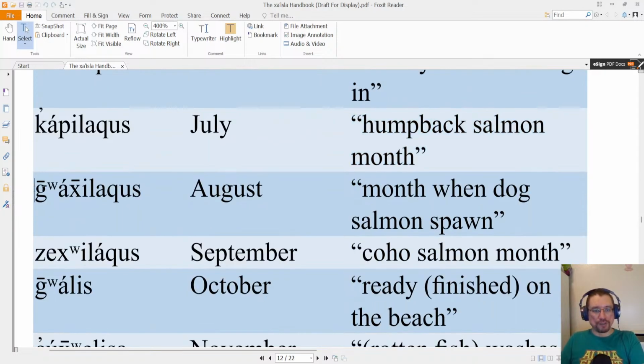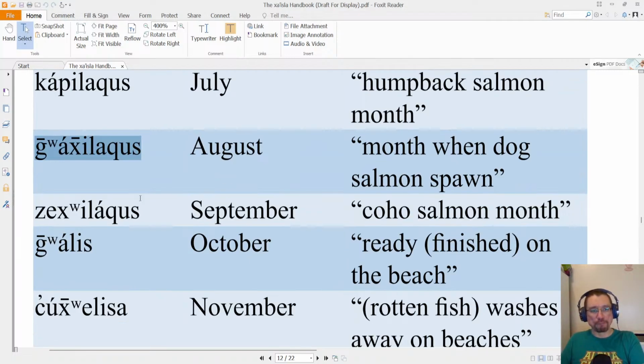So this continues into August, which is xa'isla. And this is August, and this is the month when dog salmon start to spawn. So xa'isla is August, dog salmon time.